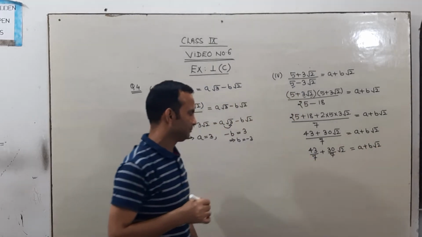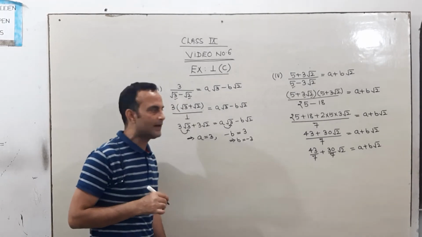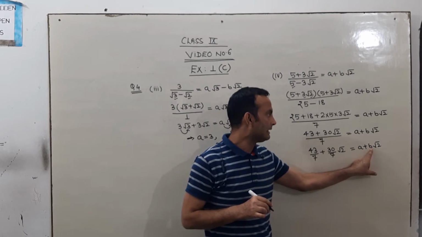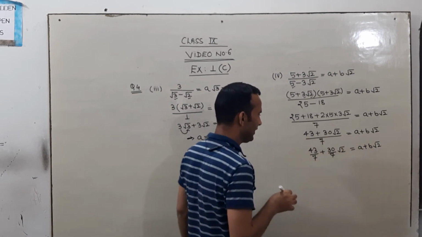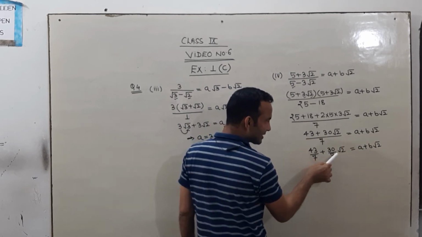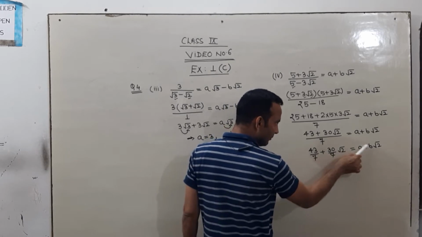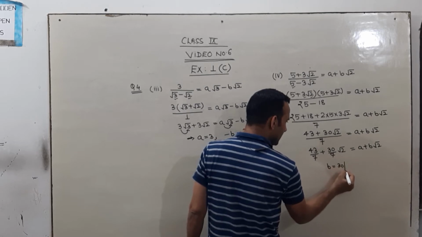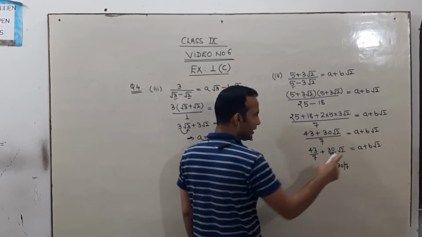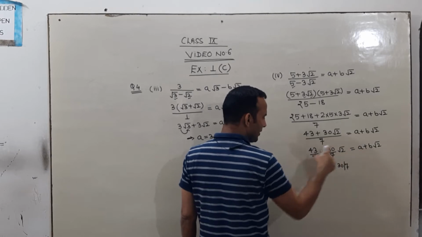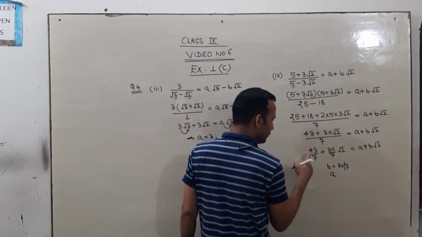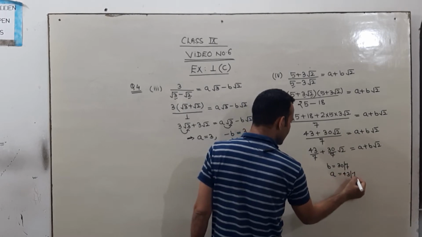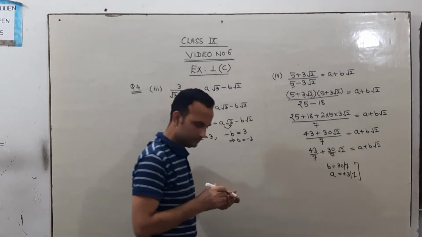Now dear students, on comparing both sides, b is linked with root 2, and here 30 upon 7 is linked with root 2. So b is 30 upon 7. Now see the remaining portion a. On comparing both sides, we obtain a is equal to 43 upon 7. Okay, this is the required answer.